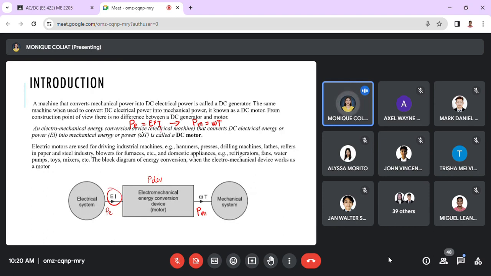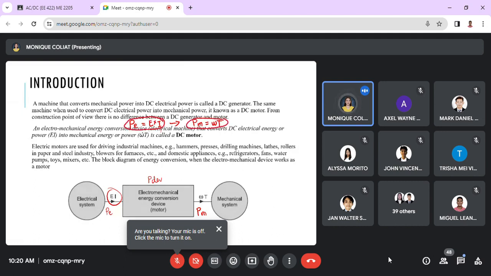And the mechanical power, or the output power, is angular velocity times torque.